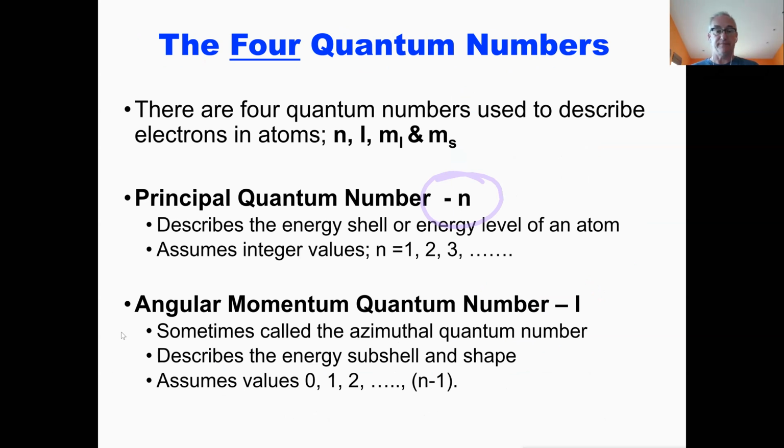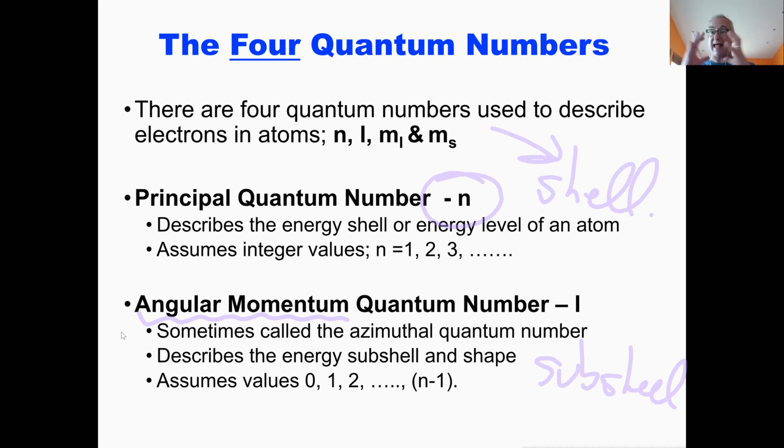How far away is it? The second one is called angular momentum. Let's just call this the subshell. First one is the shell. Second one is the subshell. It gives you the shape of the subshell inside the shell.